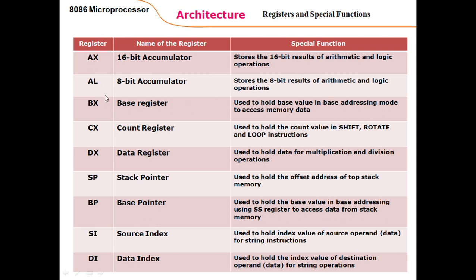AL, the 8-bit part of the accumulator register, stores the 8-bit result of arithmetic and logic operations. When one is interested to store a 16-bit result, then AX is used. If one is interested to use the 8-bit part of the register, then AL can be used.